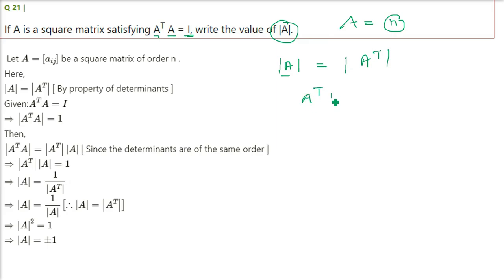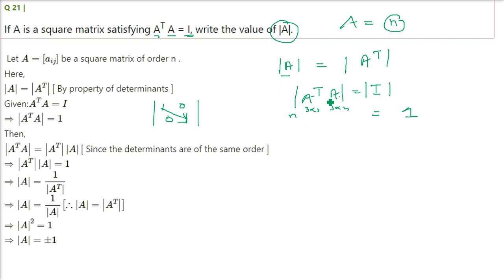Now A transpose A is given as the identity matrix. Let us take the determinant on both sides. What is the determinant of the identity matrix? For example, a 2 by 2 identity matrix. I told you that when we have an identity or scalar matrix or diagonal matrix, just multiply the diagonal values. That will be the determinant of that matrix. So it will be 1. The determinant of I is 1. Now since A transpose is 3 by 3, A is also 3 by 3.